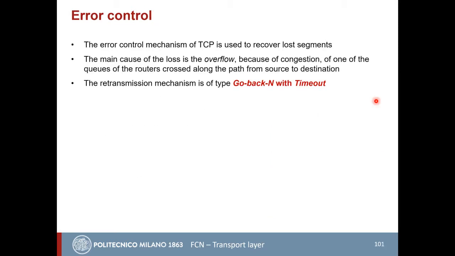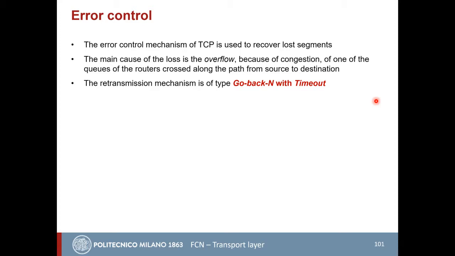So the error control, I've already mentioned that the error control mechanism used in TCP is similar to go back N with the timeout. With this mechanism TCP can recover segments that have been lost.